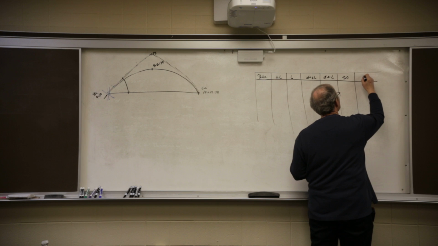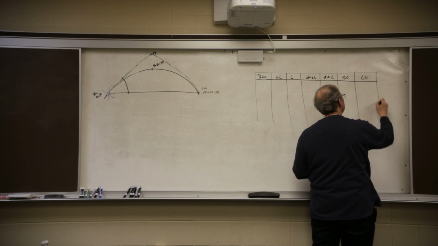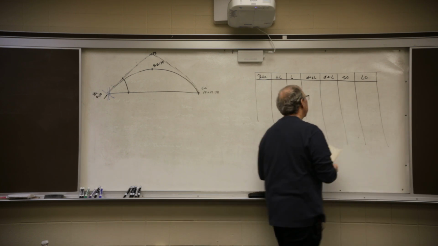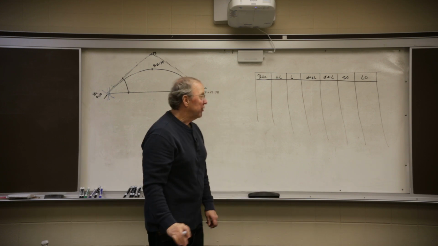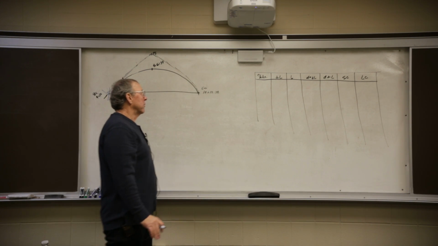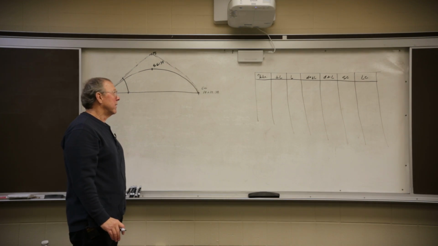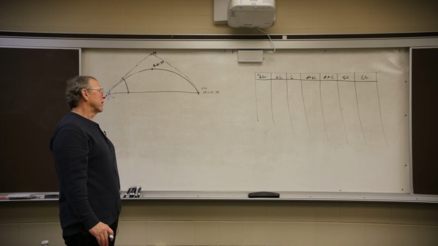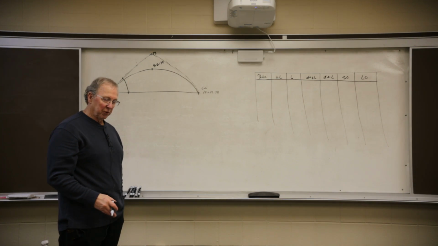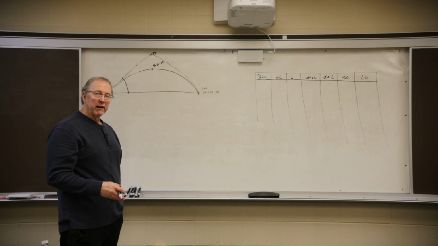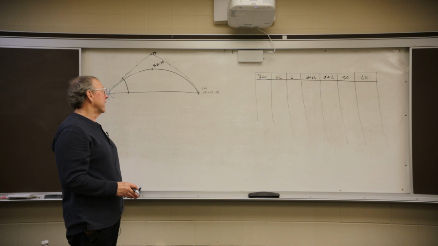And the last column is the long chord. Okay, there's three terms there that I don't think you're familiar with: the D, the short chord, and the long chord. So I'm going to go ahead and we're going to populate it. I'm going to slowly go through the first calculation, and hopefully when we get done you'll understand.